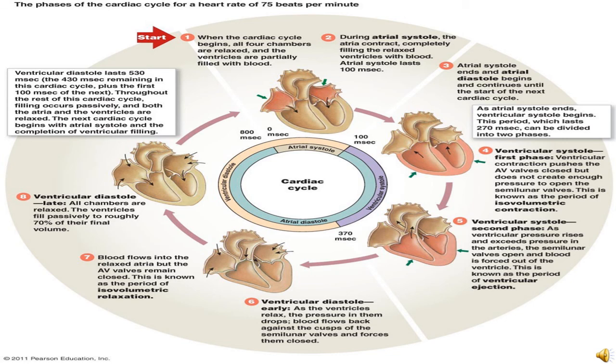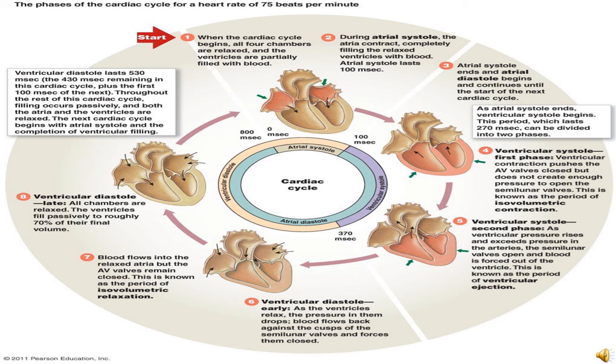In the second phase, the ventricular pressure rises and exceeds the pressure in the arteries. The semilunar valves open and the blood is forced out of the ventricle, which is known as ventricular ejection.